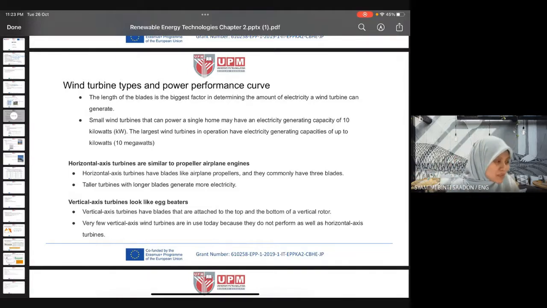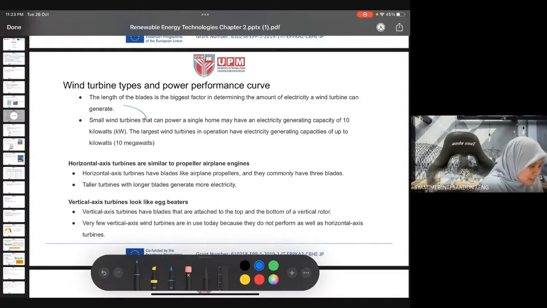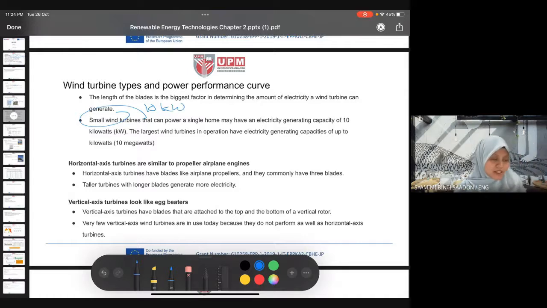Small wind turbines that can power a single home may have an electricity generating capacity of 10 kilowatts. The largest wind turbine in operation has a generating capacity of up to 10 megawatts.